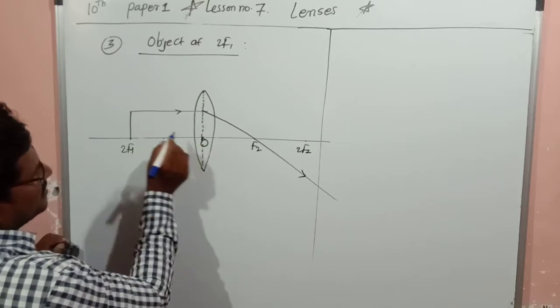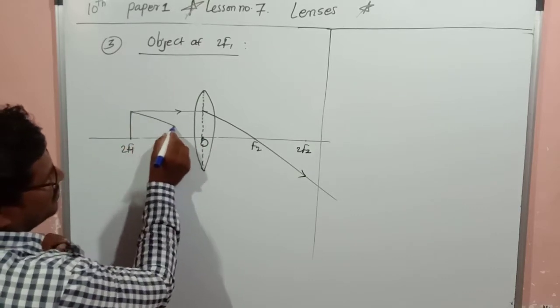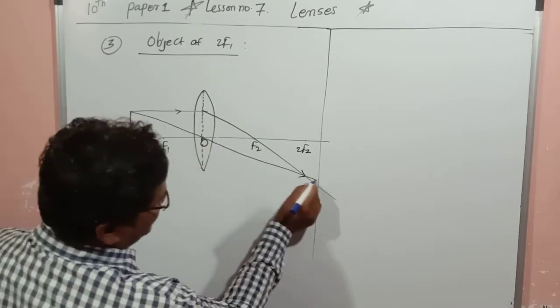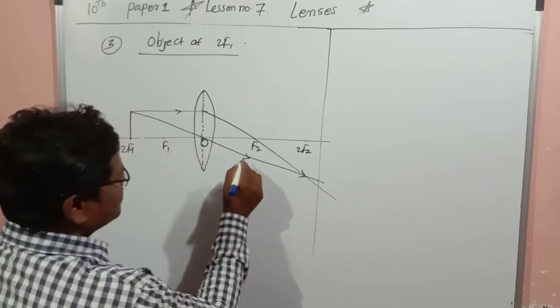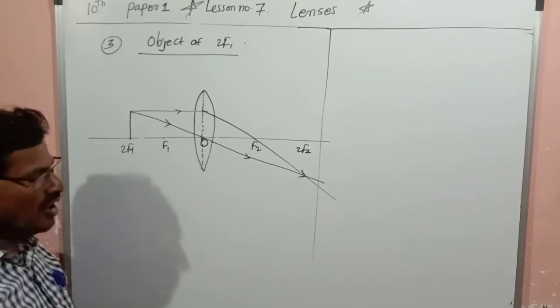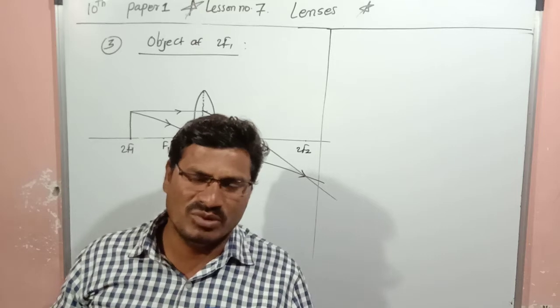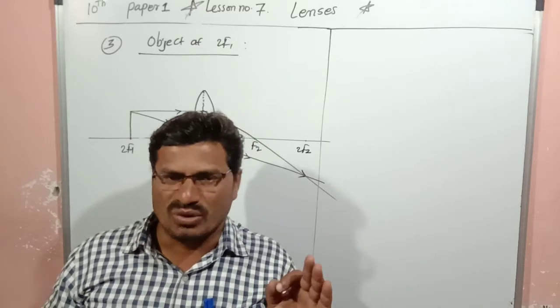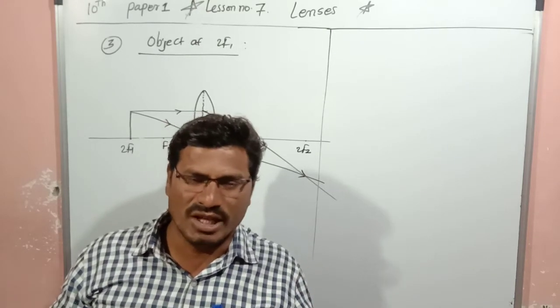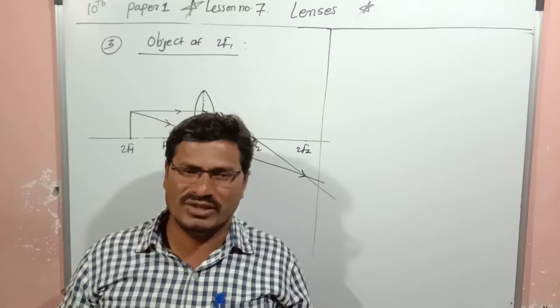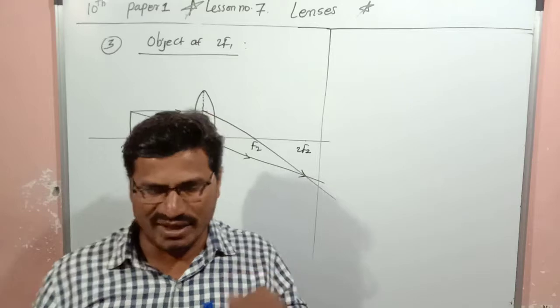Next thing is another light ray passing through the optical center. We know that if a light ray is passing through the optical center, what happens? According to the third rule, if the incident light ray passes through the optical center, it goes without deviation, without changing its direction. So the refracted light ray does not change its direction.